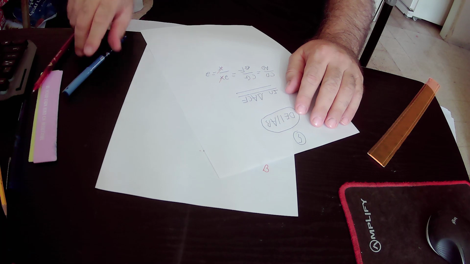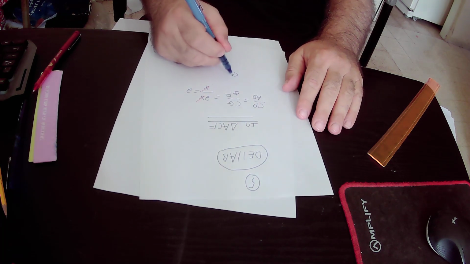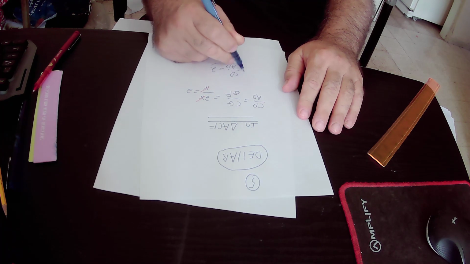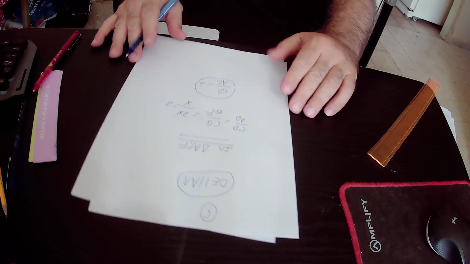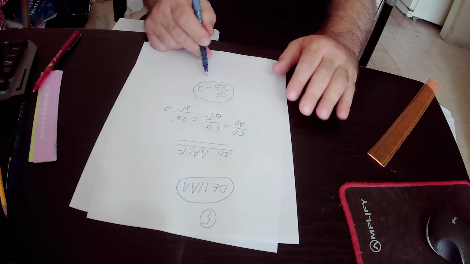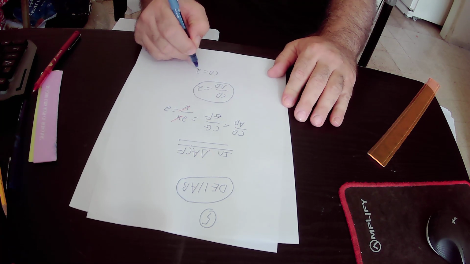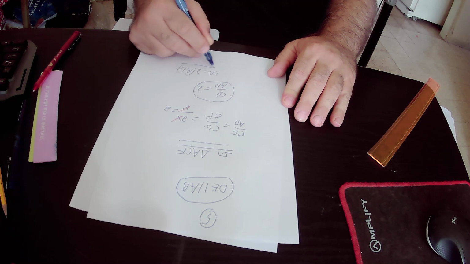So we found out that CD over AD equals 2. So here we will multiply this equality by AD and we will get that CD equals 2 times AD. Okay?